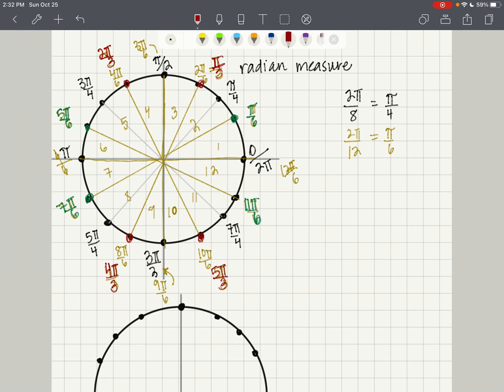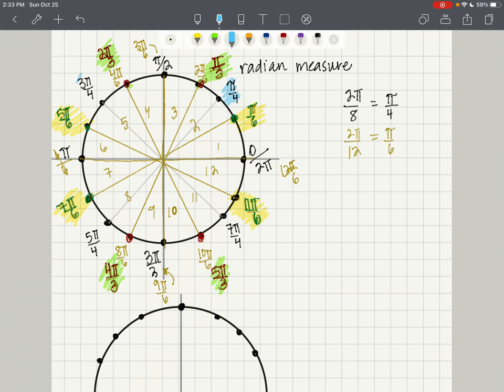Notice where all my pi over 6s are. They're all 30 degrees away from the x-axis. And all my pi over 3s, 1 pi over 3, 2 pi over 3, 4 pi over 3, 5 pi over 3, those are all 30 degrees away from the y-axis.